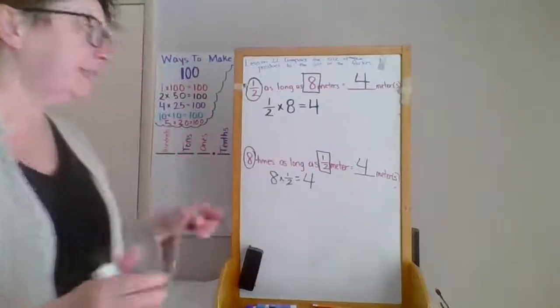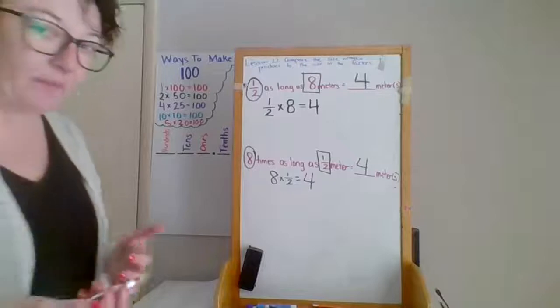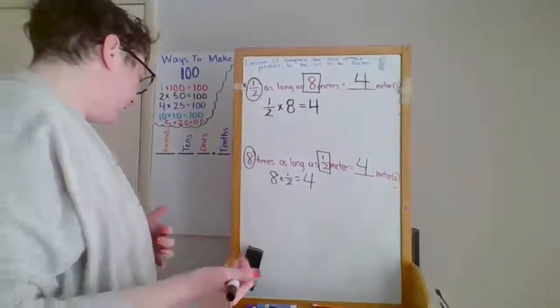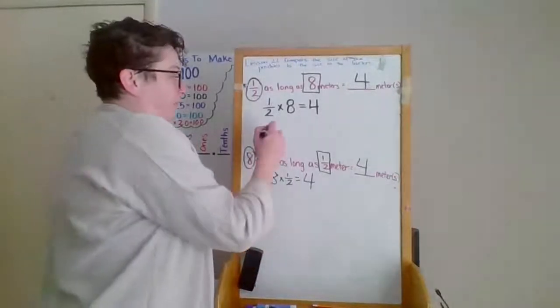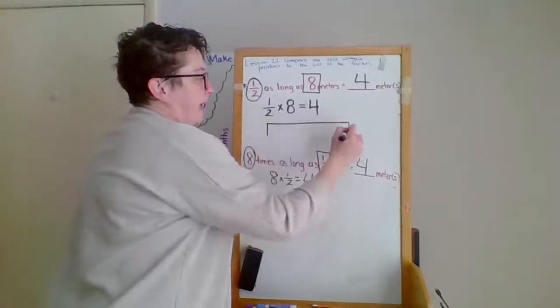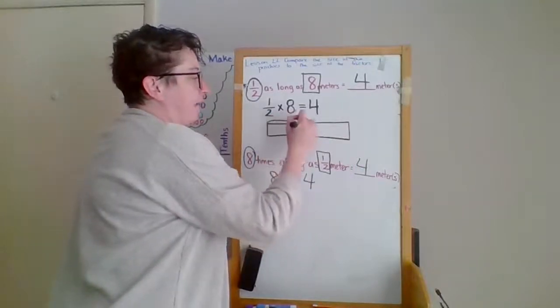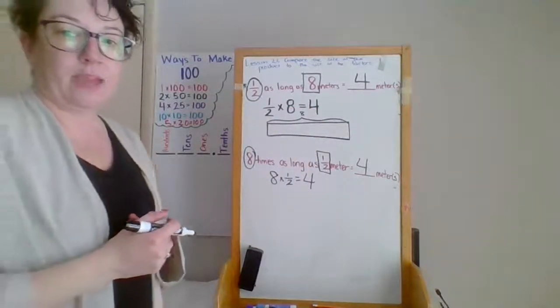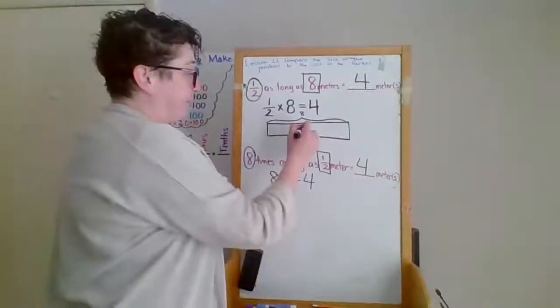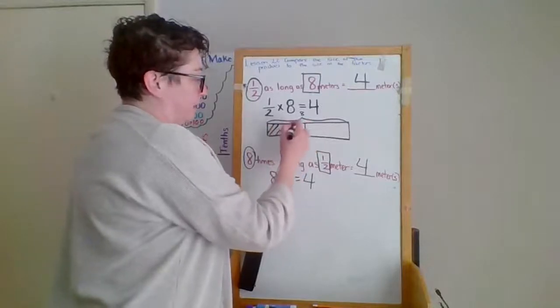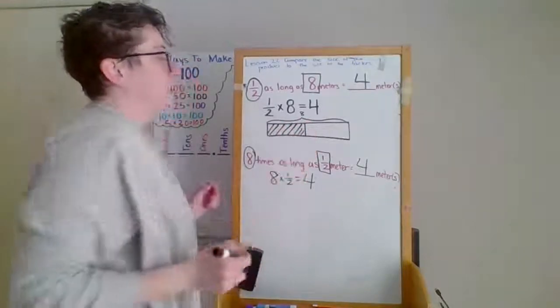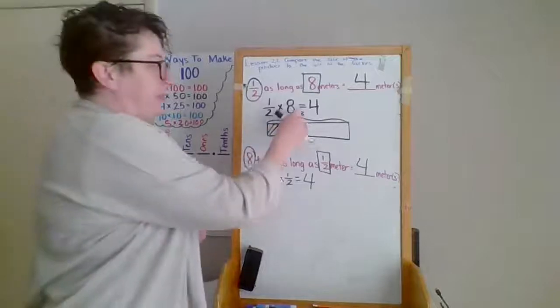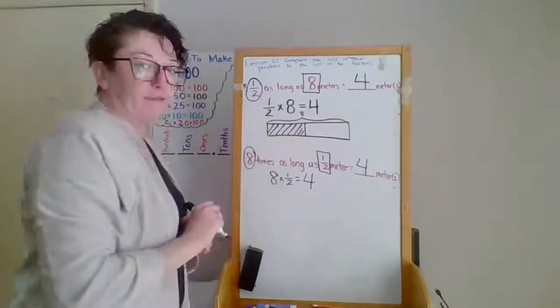Okay? Let's take a look at a tape diagram that will explain this a little bit better also. For the first one, we're finding 1/2 of 8. So the total we have is 8. I just want to cut that in half because I'm finding 1/2 of that. Okay. So we took what we started with and we just cut it in half.